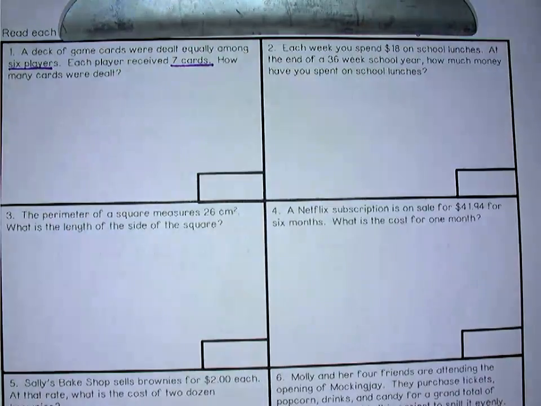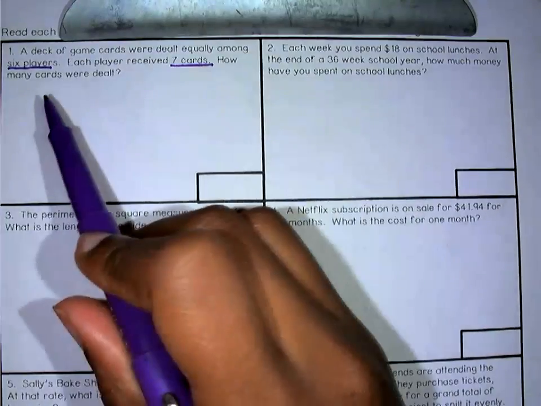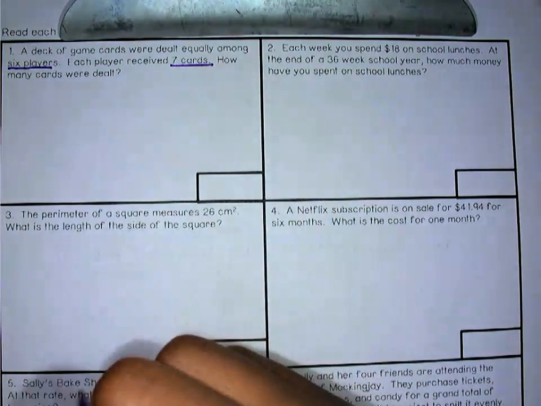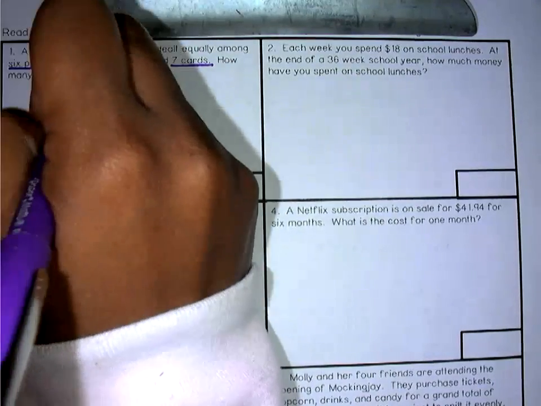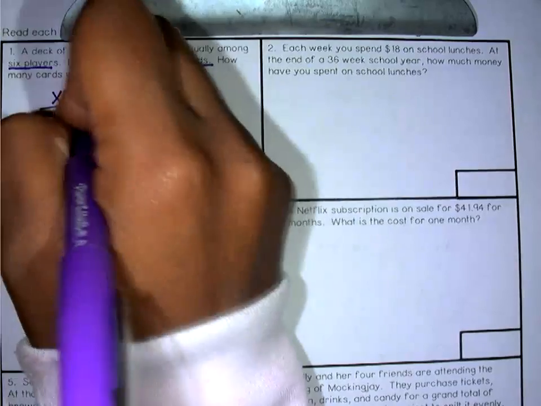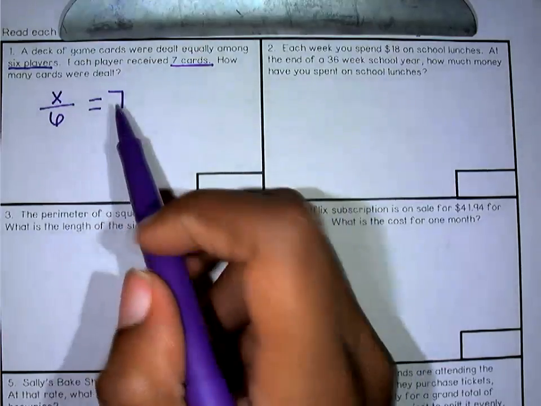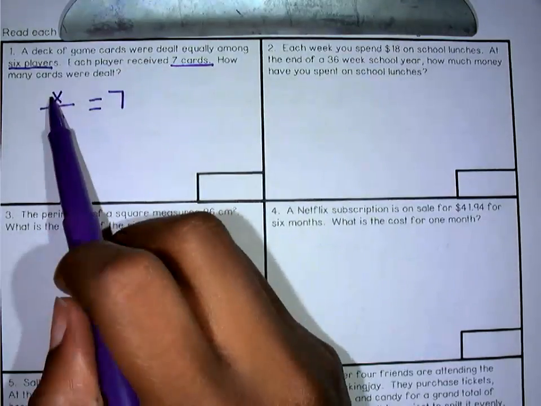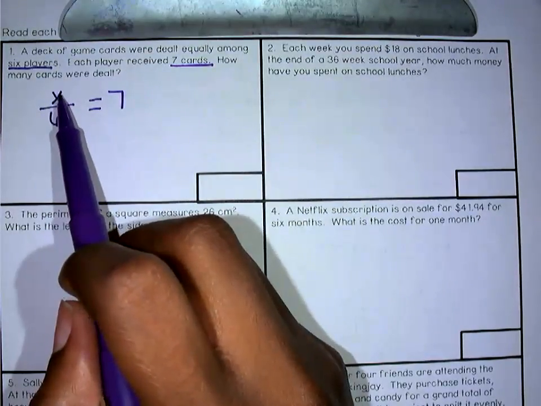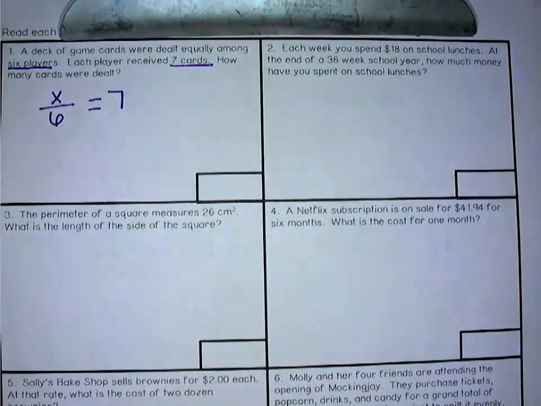I know off the top of my head, if it's talking about equally and sharing, that this is going to be divided. So I need x, the total amount of cards that I'm missing, divided into 6 people, and it says each person got 7 cards, right? I know how many cards each person got, and I know there's 6 people. I need to know the total amount of cards. So that x represents the total amount of cards that were given out.